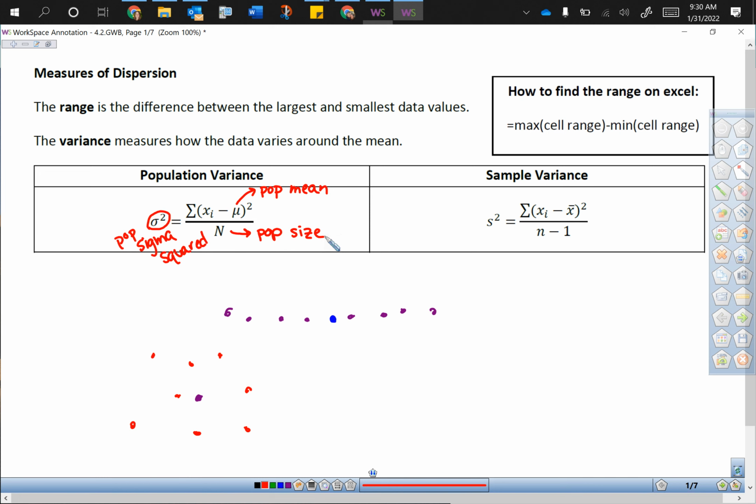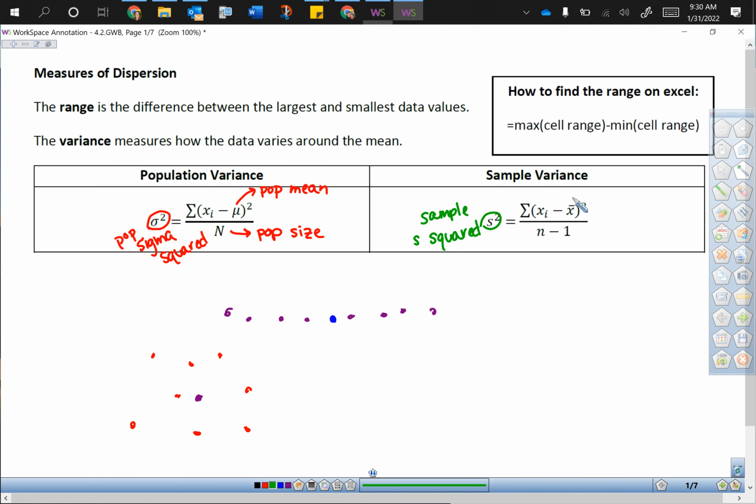Now the sample variance is very similar to the population variance. It's the same concept, but instead of population sigma squared, we're going to have sample s squared. So if you see a lowercase sigma squared, that means you're looking at population variance. If you see a lowercase s squared, that means you're dealing with the sample variance, okay? Everything else is almost the same.